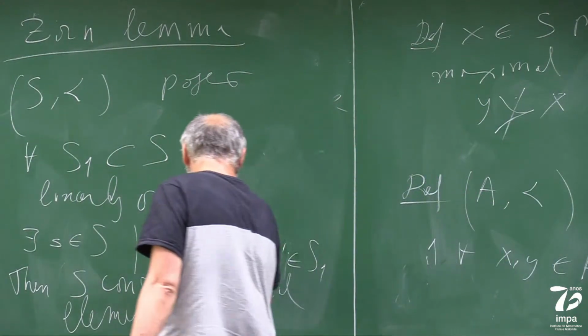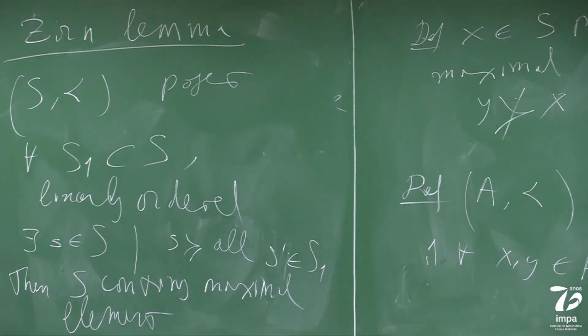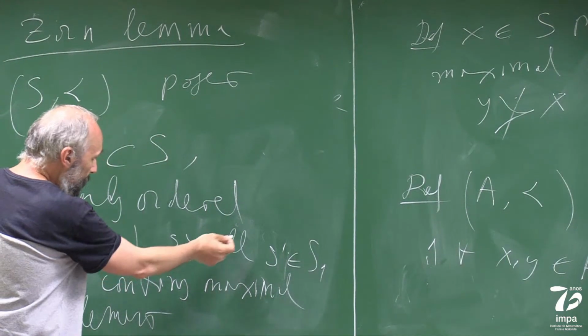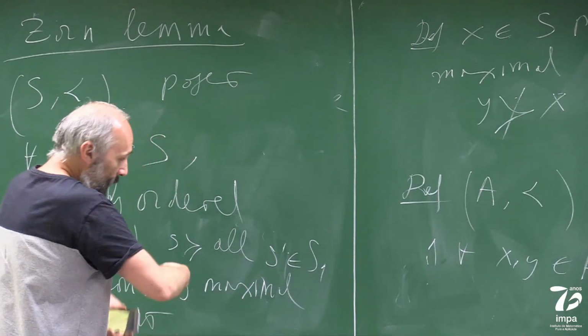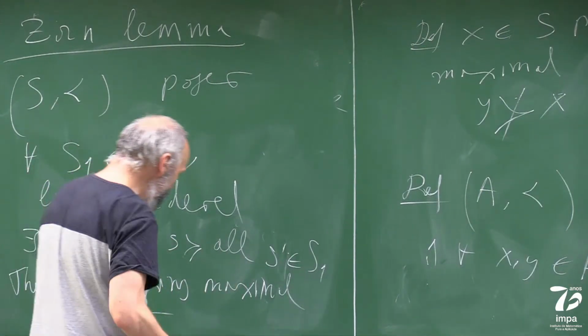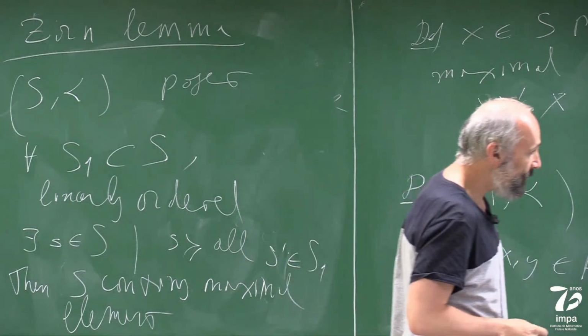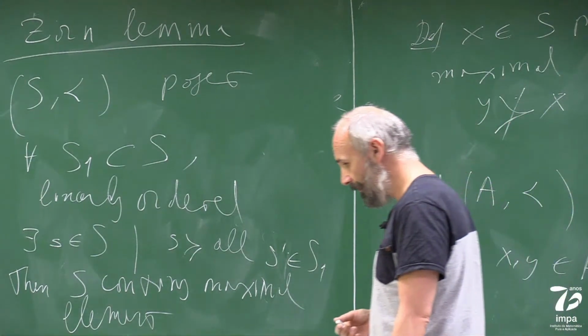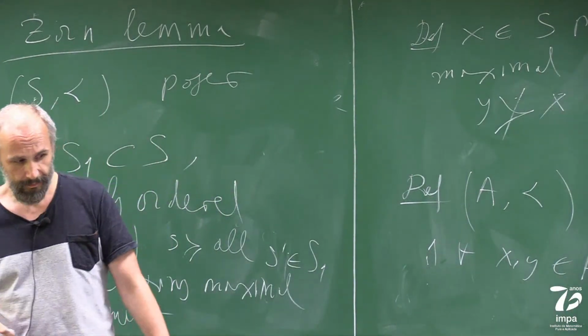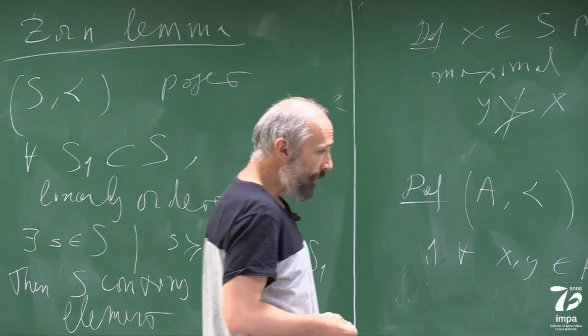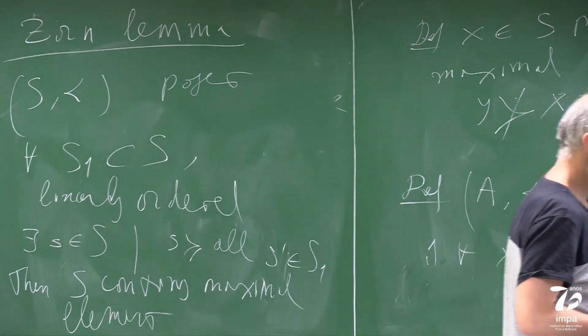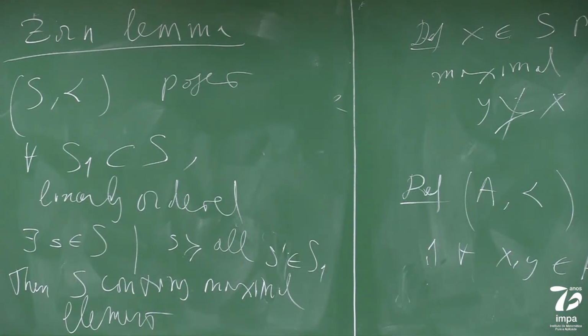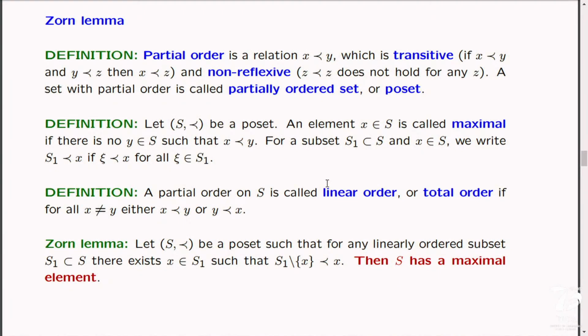So the problem here is that Metin noticed that if you take all of them, then this would make no sense. Consider, for example, your partial order, the set of all subsets of some infinite set. It satisfies this condition. A linearly ordered subset is a subset of nested sets, right?